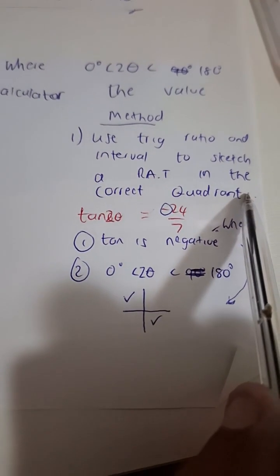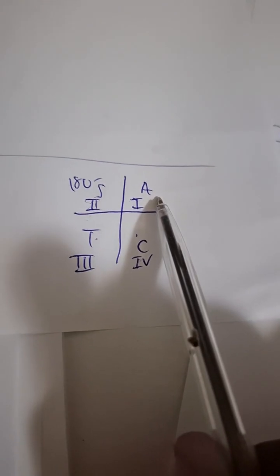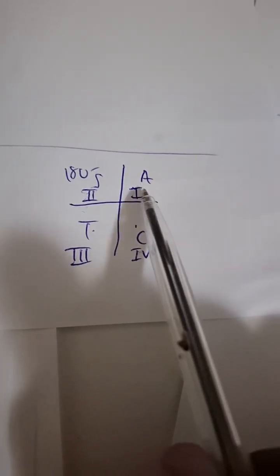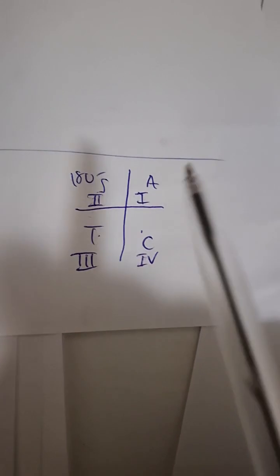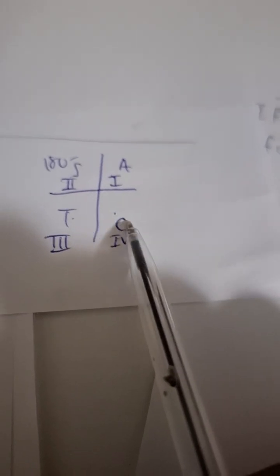There are 4 quadrants, and we need to know where these trig ratios, sine, cos, and tan, are positive, and where they are negative. In the first quadrant all are positive, and in the second quadrant only sine is positive, so cos and tan would be negative.